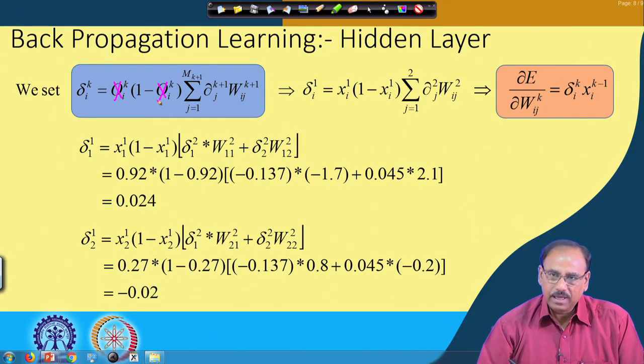So, my delta ik will be xik into 1 minus xik into the sum over j of delta jk plus 1 times wij k plus 1.